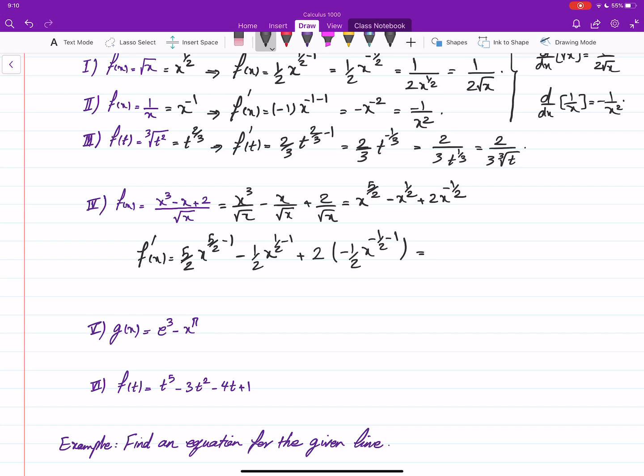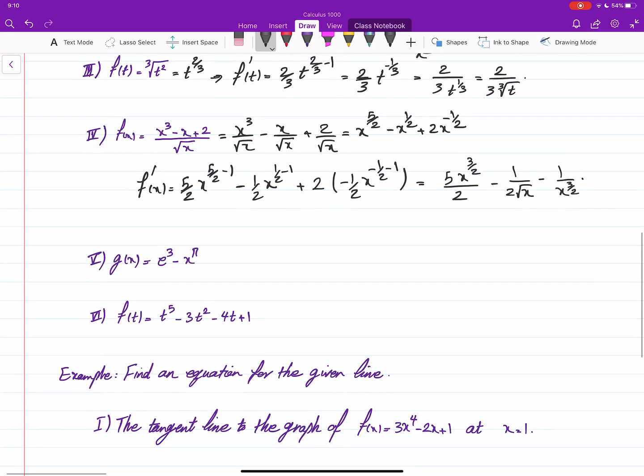Well, so you can simplify. This guy is 5 over 2 x to the power 3 over 2, minus 1 over 2 root x, and this guy here is minus, these two cancel each other, and then this is 1 over x to the power 3 over 2. And that's the derivative.